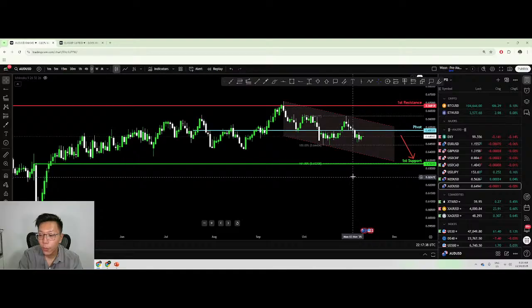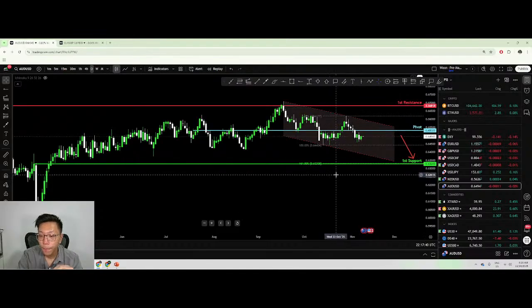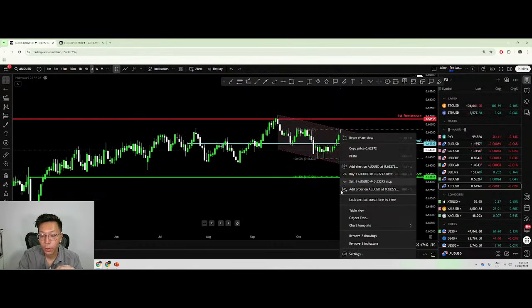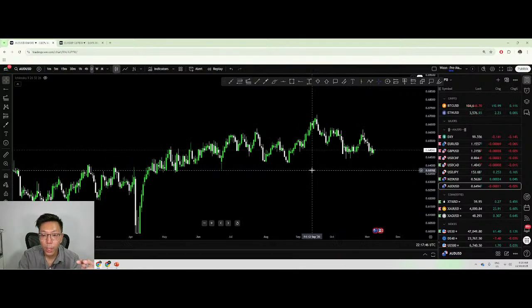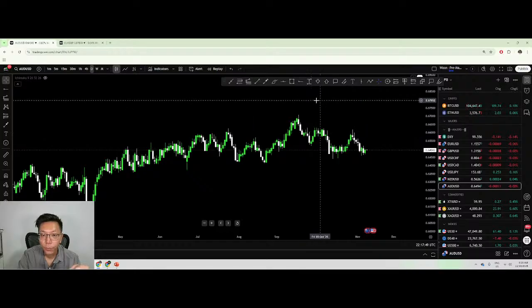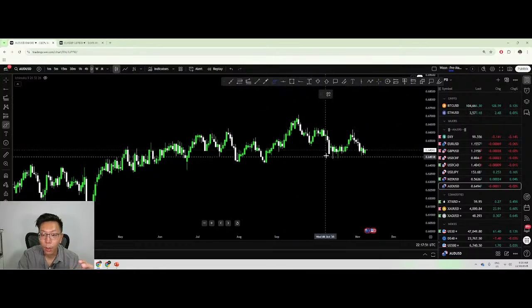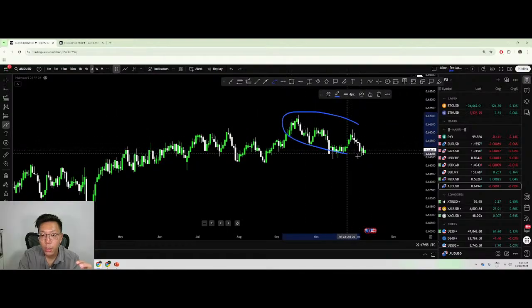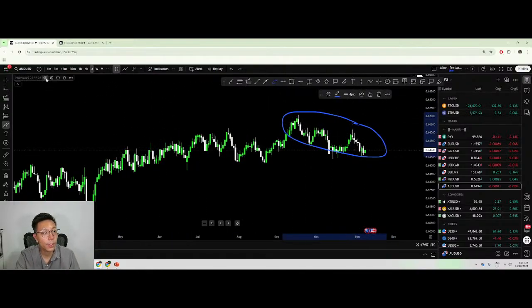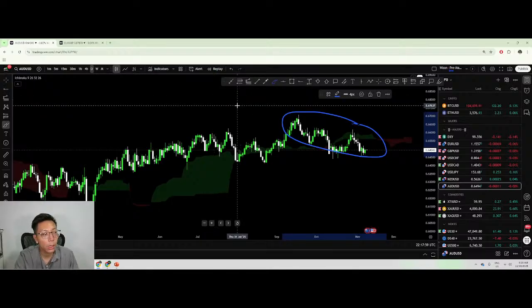Okay, so for AUD USD, let me just remove this. Right now, price is definitely bearish. Let me turn on the Ichimoku indicator.